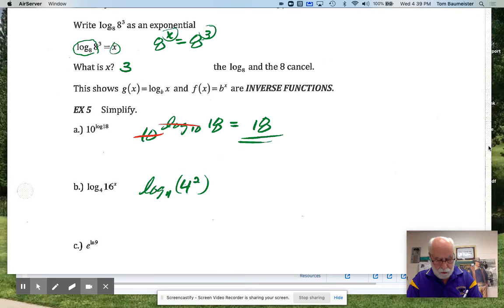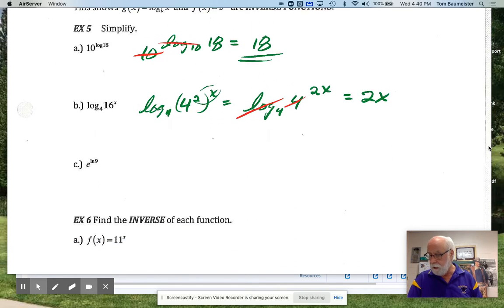So then we would have 4 squared raised to the x power. Now remember, a power raised to a power, I'm just going to multiply them. And from what we just saw from the above one, and even from our example, because our example had 4, we know that these two are going to cancel each other. And what am I left with? I'm left with 2x.